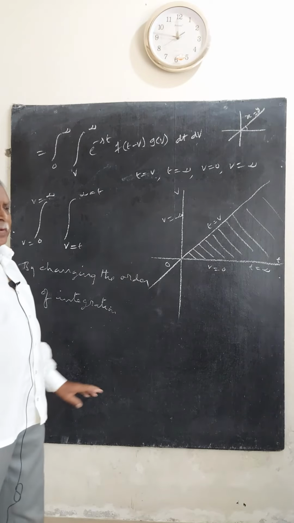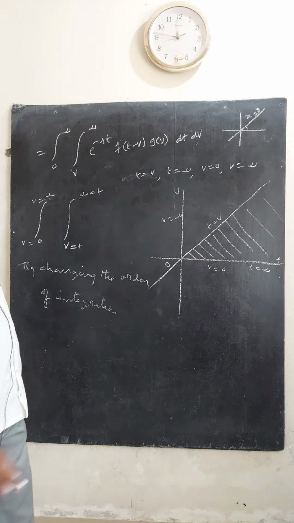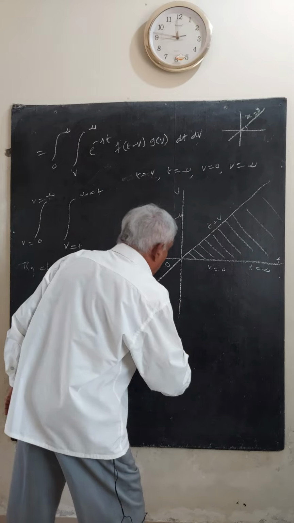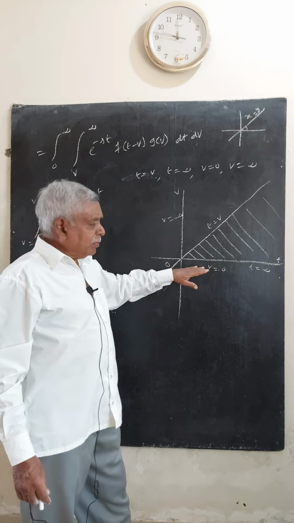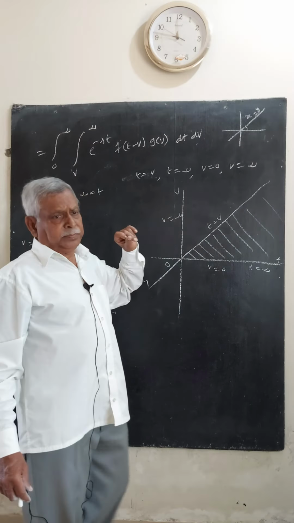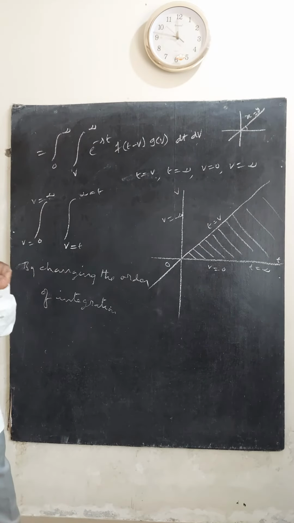We are changing the order of integration. See, changing the order of integration: one variable moves in the axis, another variable is bottom to top. This is important in multiple integrals, in changing the order of integration.